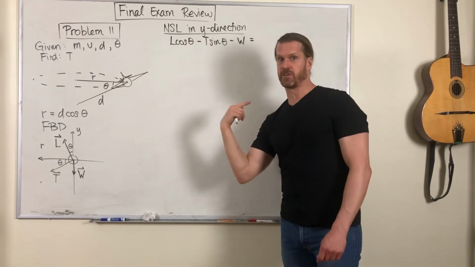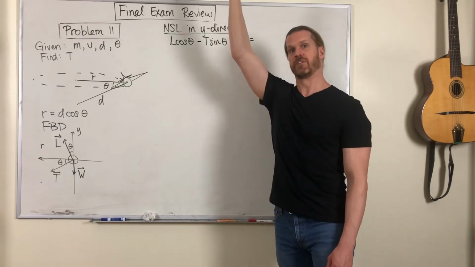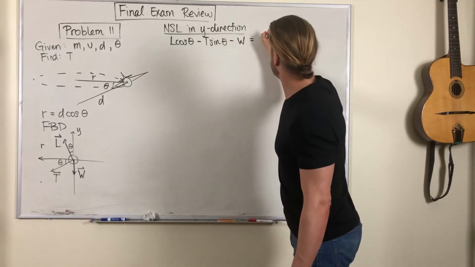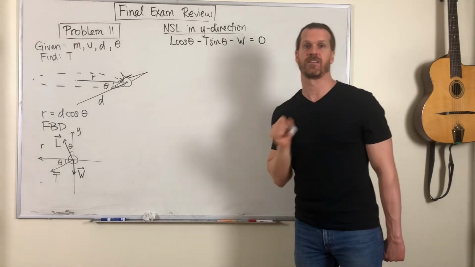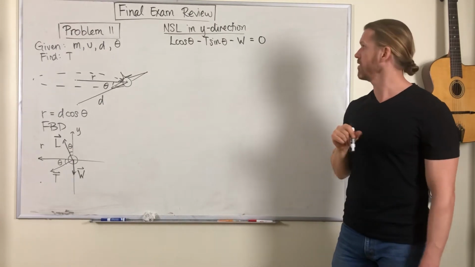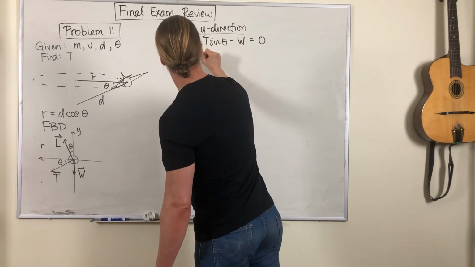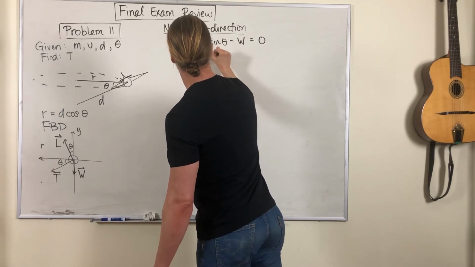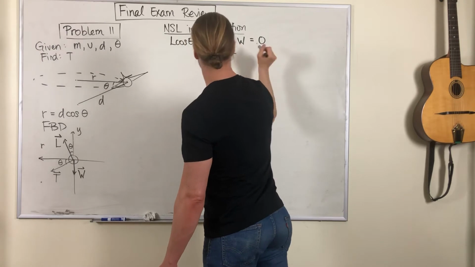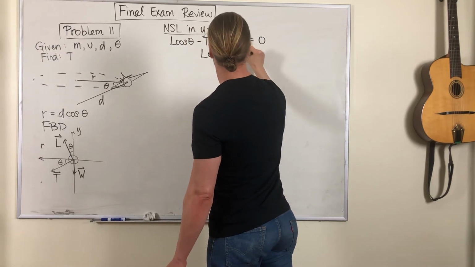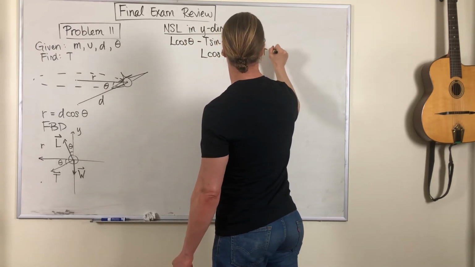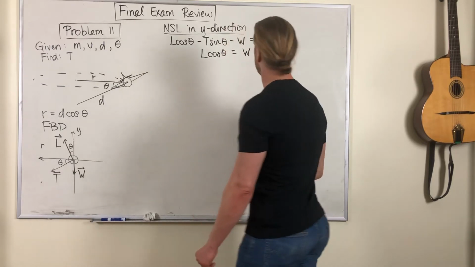Because the plane is moving in a horizontal circle, it's not moving up or down, its y acceleration is zero. So the right-hand side of Newton's second law is zero. So we can write this equation, L cos theta equals W plus T sine theta.